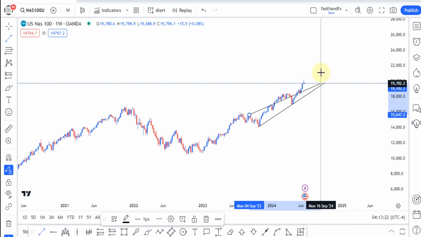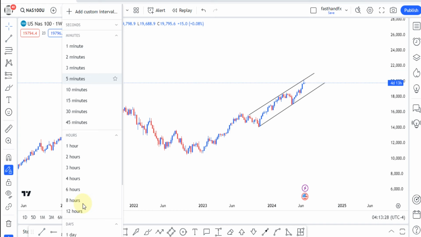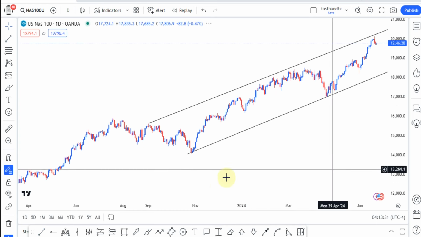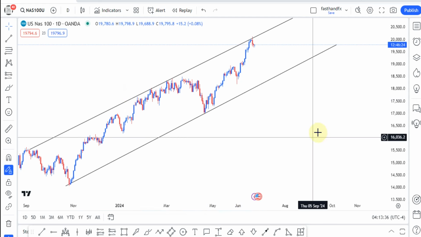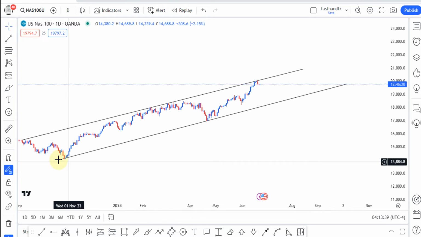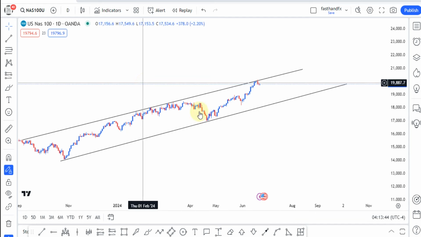All right, no problem. Based on the weekly, and if we go to the daily, this is what we see the market trying to print. Right now we need to understand if we are seeing a bearish continuation pattern, a bullish continuation pattern, or a reversal, then react to what we see.